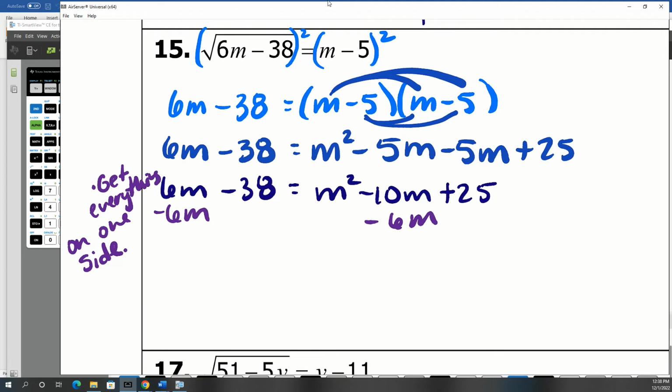And then I'm going to subtract it from the negative 10m, subtract it from its like terms. What are we going to do with the 38? Add it or subtract it? What do y'all think? Add it or subtract the 38? Add. So we add it to itself, so it becomes 0, and we add it to the like terms.